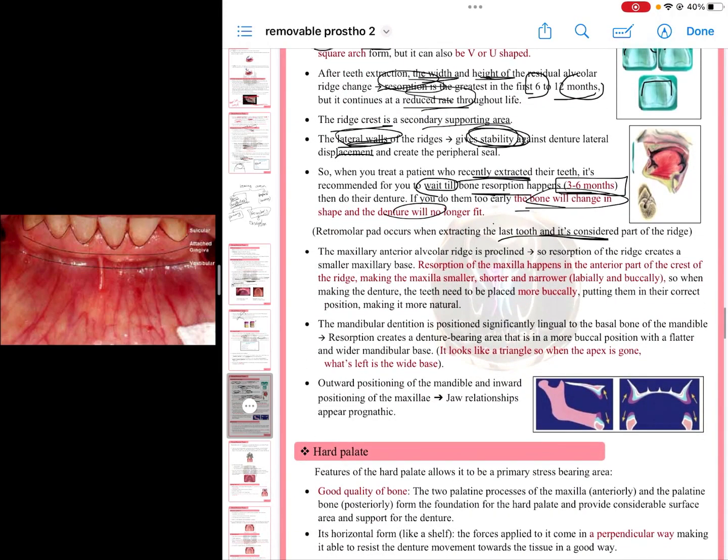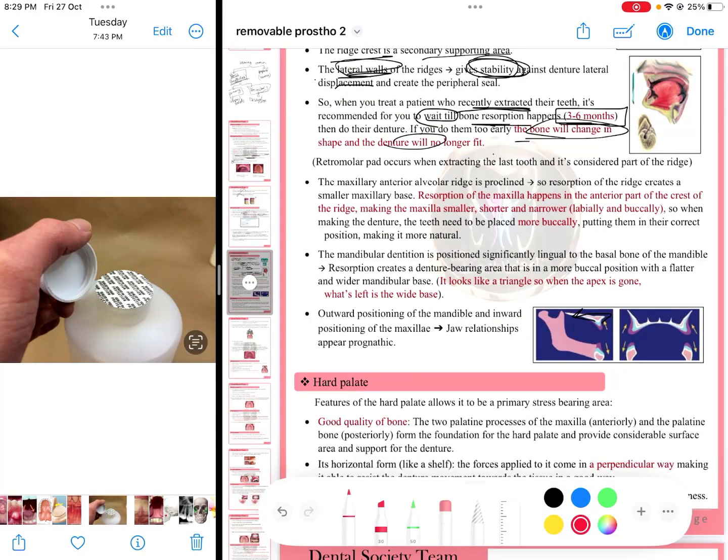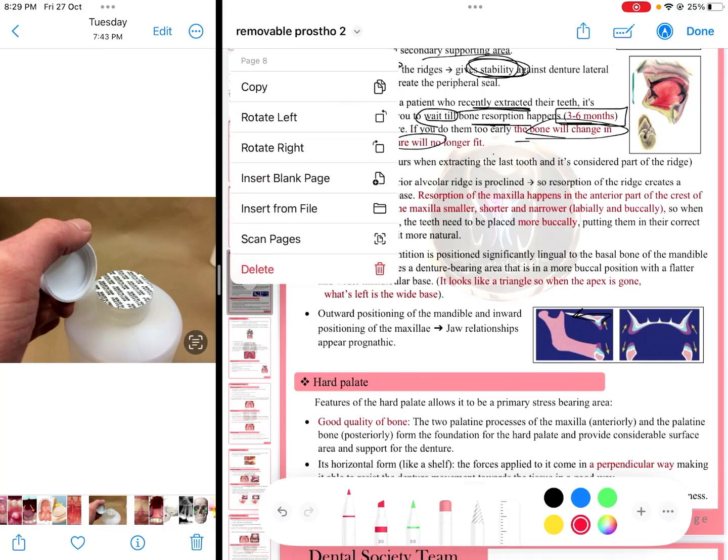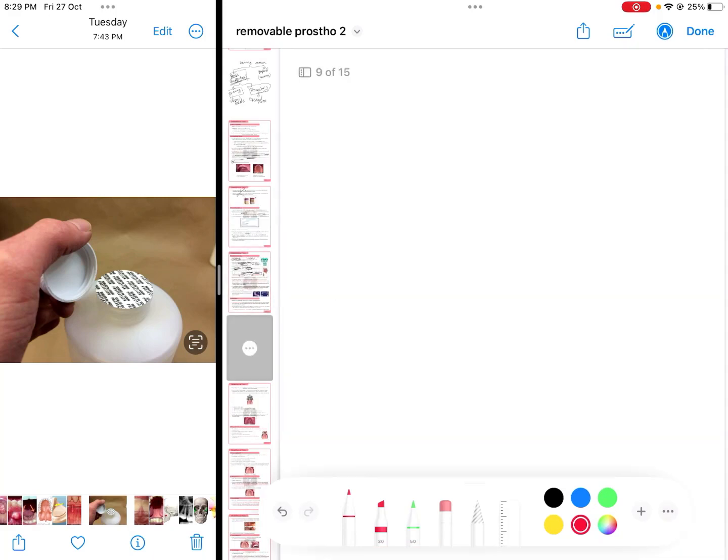Okay, the maxillary anterior alveolar ridge is proclined, right? So the resorption of the ridge creates a smaller maxillary base. What's the meaning of that? Let's demonstrate it on a blank page here.